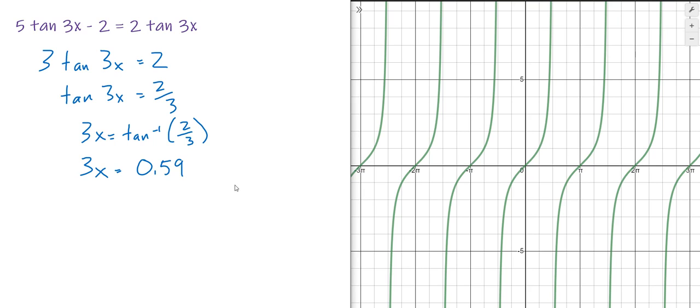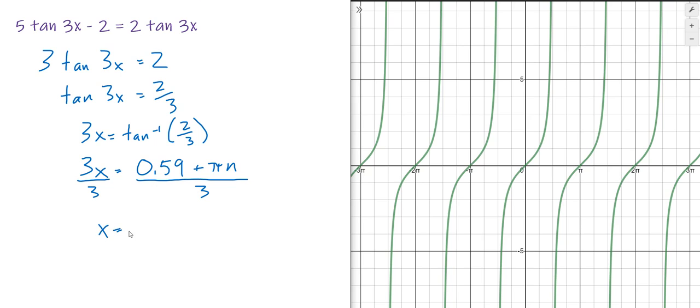Plug that into a calculator, and I'm going to be told that 3x is going to be equal to 0.59. But I want to make this not just specific to the first value that I get, to the first quadrant, but I want to make it all of my tan inverses. So I'm going to add pi n to that. And now I go ahead and I divide everything through by 3.